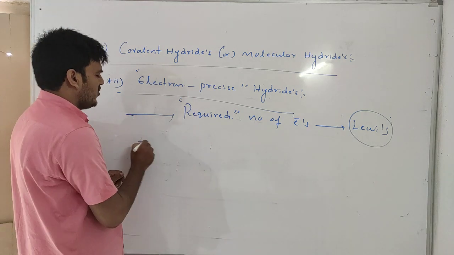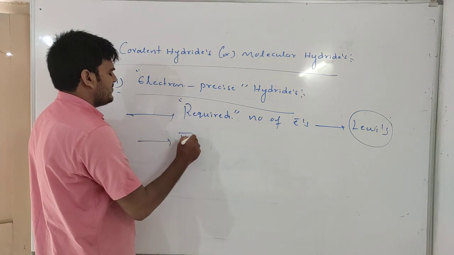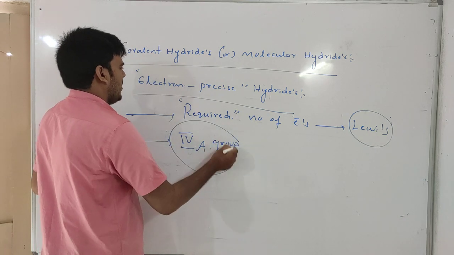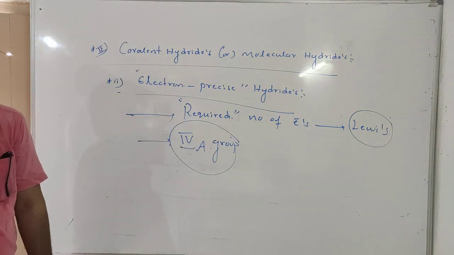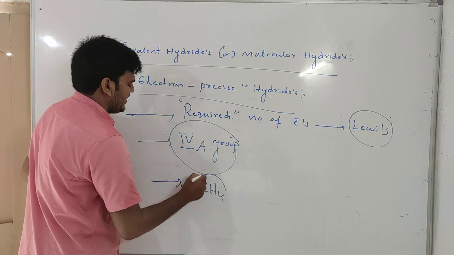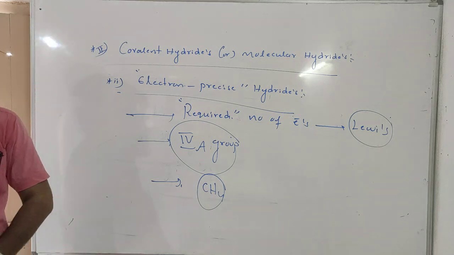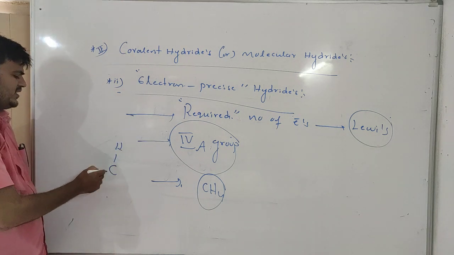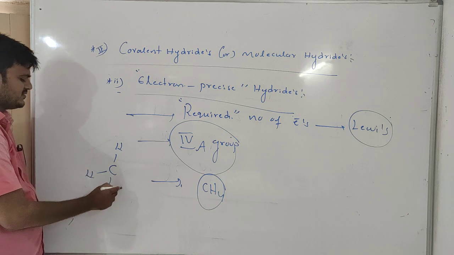Most of the fourth A group elements form electron precise hydrides. The best example of an electron precise hydride is methane, formula CH4. Methane has a tetrahedral structure.